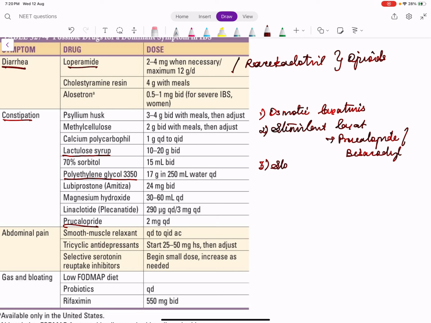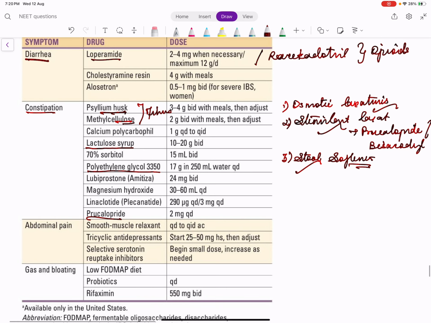Then we have stool softeners. So the psyllium husk, methyl cellulose, these are some fibers. So they soften the stools. Okay, so stool softeners, osmotic laxatives, stimulant laxatives are there. Lubiprostone and linaclotide, if you remember, these are two drugs which are used in cystic fibrosis.